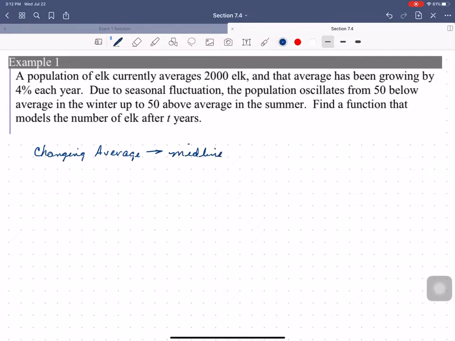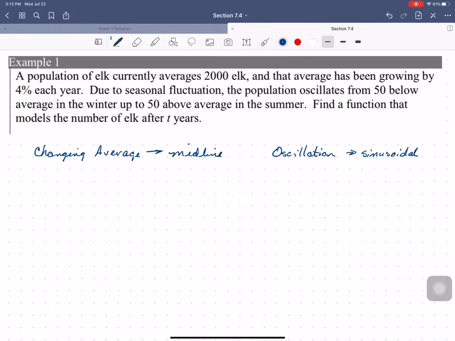And we've got the oscillation around that average, and that represents a sine. That means we've got a sinusoidal function. And we'll have to figure out all the components of a sinusoidal function.